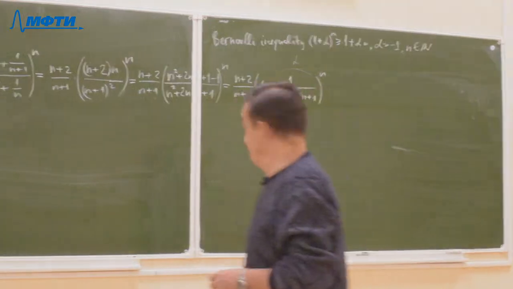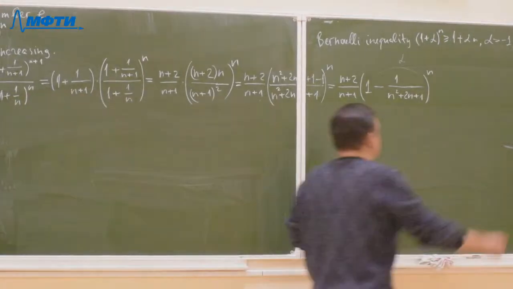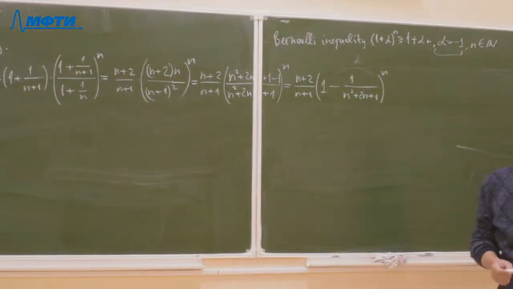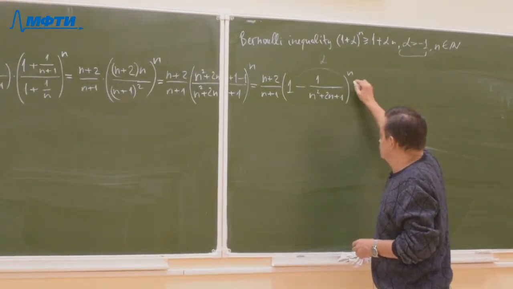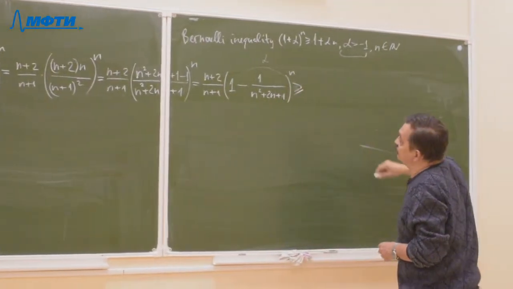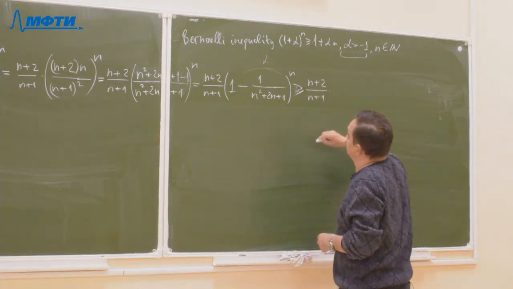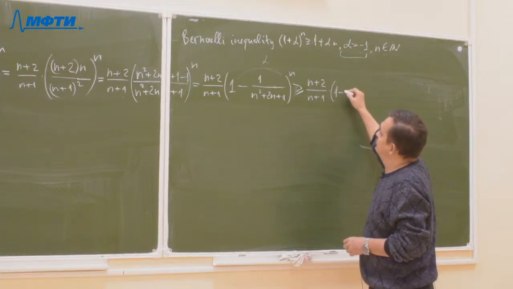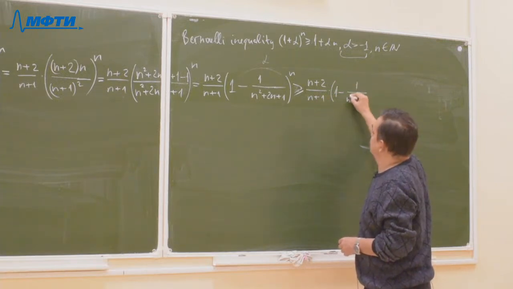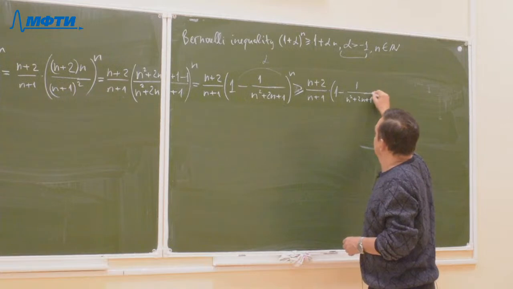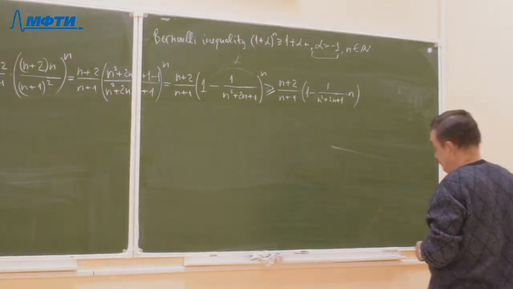Alpha is negative, minus 1 over (n squared plus 2n plus 1), but it satisfies the restriction alpha greater than minus 1. So, greater or equal, by Bernoulli inequality, (n plus 2) over (n plus 1) times (1 plus alpha, where alpha is minus 1 over (n squared plus 2n plus 1), times n). That is by Bernoulli inequality.